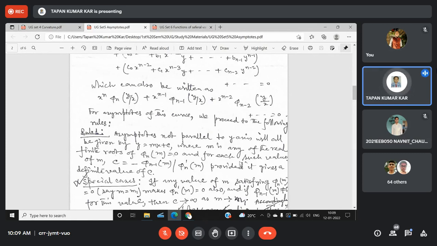But what will happen if the denominator phi n dash m equal to 0? If it is not 0, then it is okay, because we know that m and c both are finite. But if for any value of m the denominator term phi n dash m equal to 0, then c will be infinite.